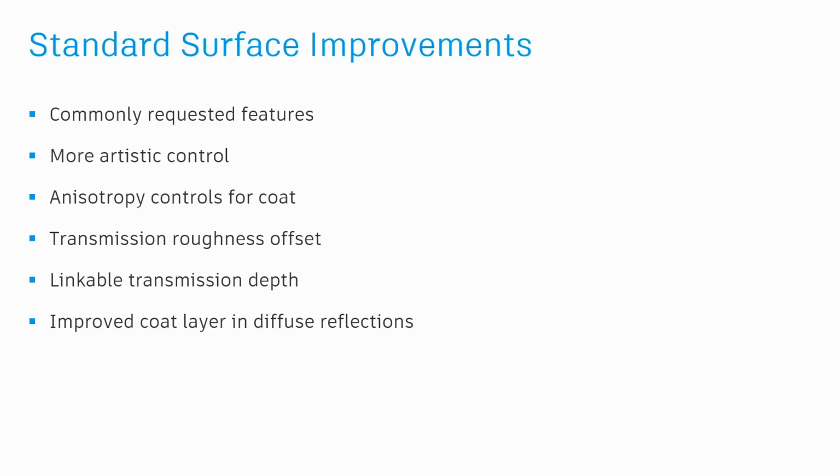We made it possible to change the transmission roughness without affecting the specular roughness, made some parameters linkable, and improved the coat layer in some instances. We are really trying to have as few parameters as possible without constraining the artist too much.